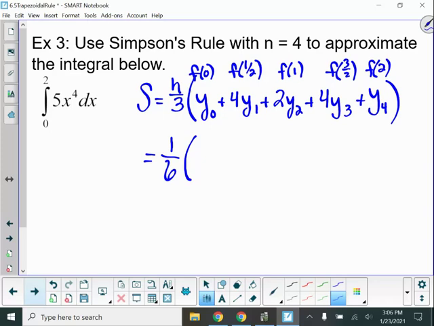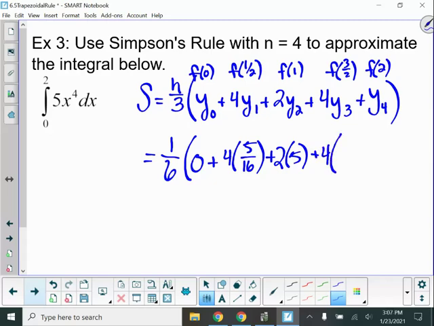I plug in 0, I'm going to get 0. I plug in 1/2, notice I am multiplying that by 4. 1/2 to the 4th power is 1/16, times 5 is 5/16. Next one I multiply by 2. When I plug in 1, I'm going to get 5.